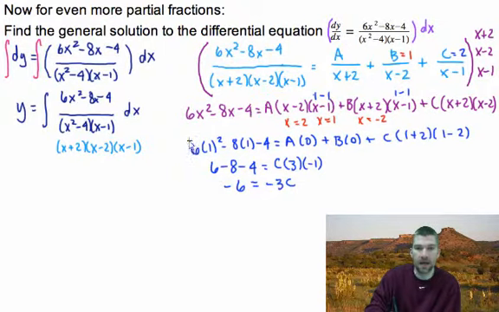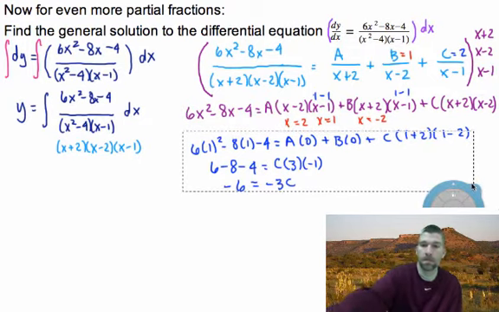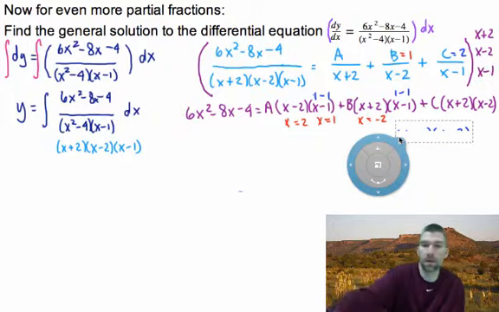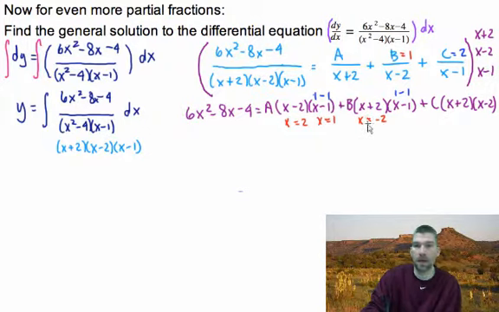All right, last guy. This last guy is going to be the negative 2. He goes in now. So 6 times negative 2 squared minus 8 times negative 2 minus 4.